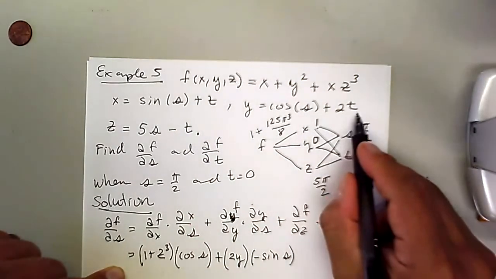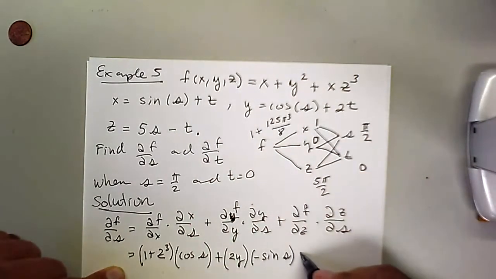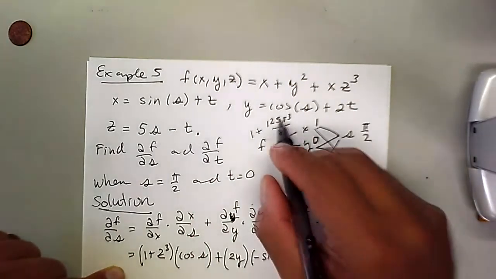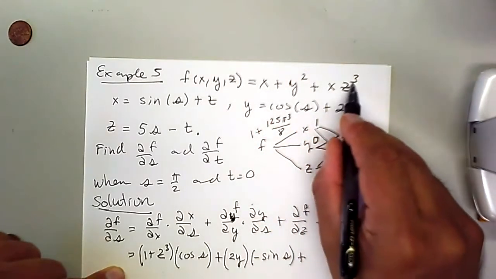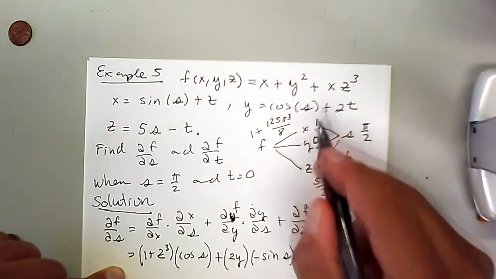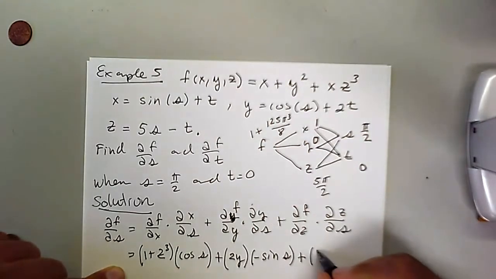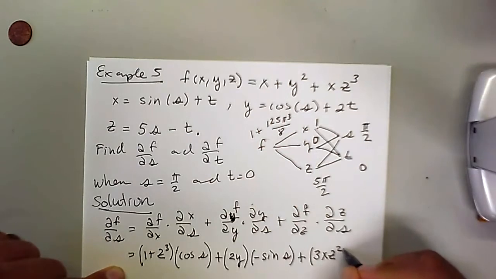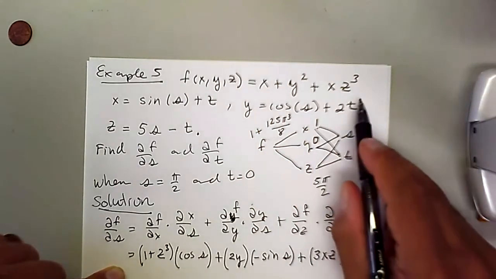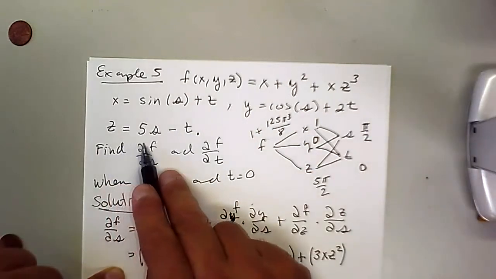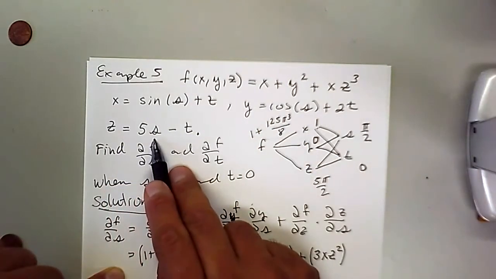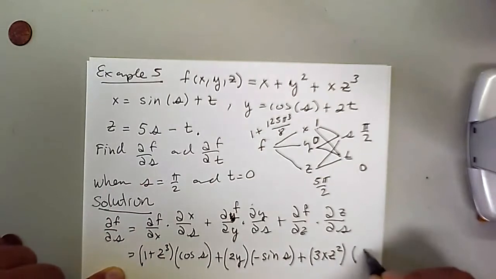T is a constant when we are dealing with s, plus the derivative of this with respect to z. There's a z, so we have 3z squared, and the x should be still there. 3xz squared. And then the derivative of z with respect to s is 5.